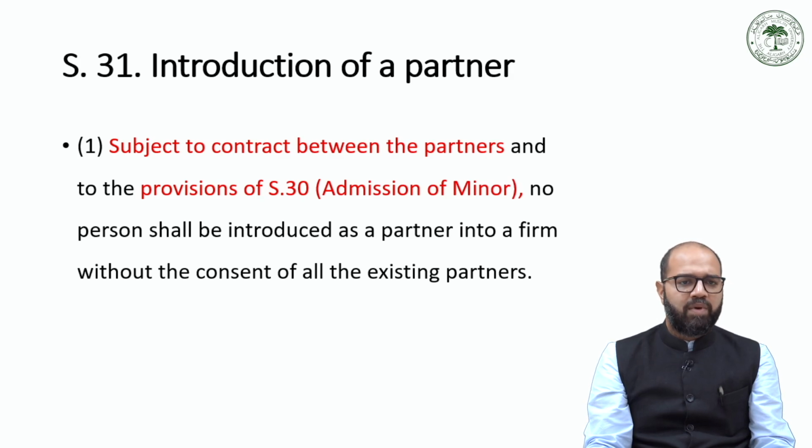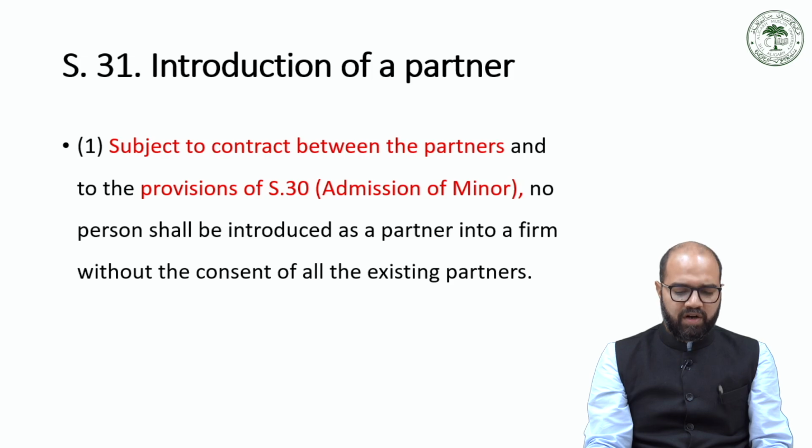Section 31 reads: subject to contract between the partners and to the provisions of Section 30, which relate to the admission of a minor to the benefits of a partnership firm, no person shall be introduced as a partner into a firm without the consent of all existing partners.